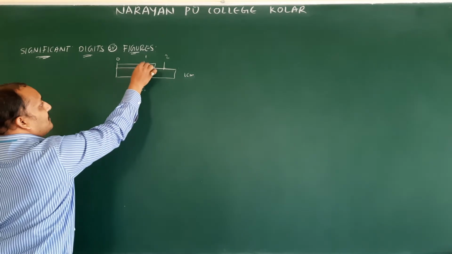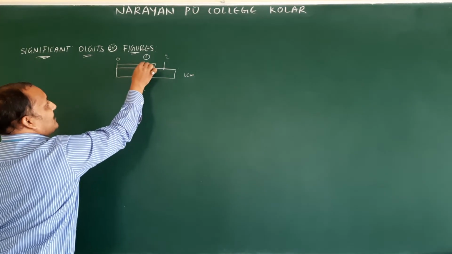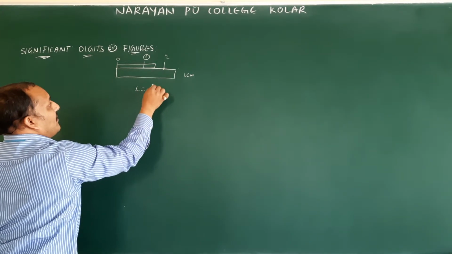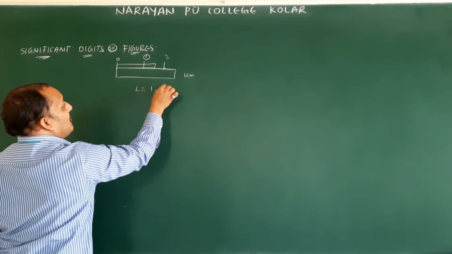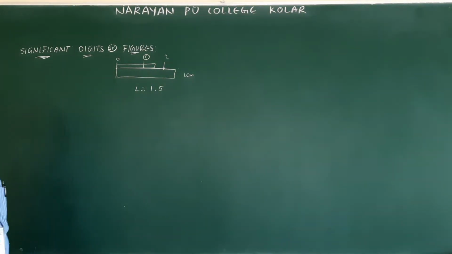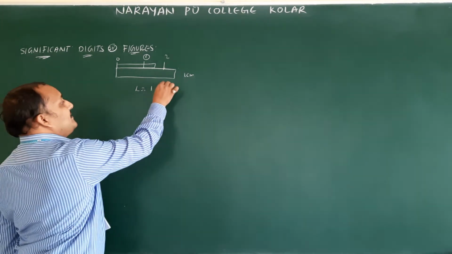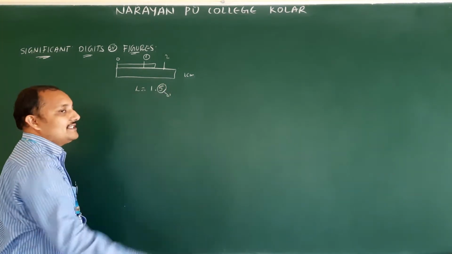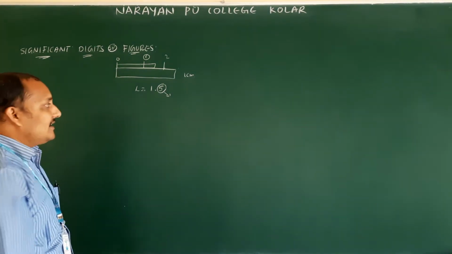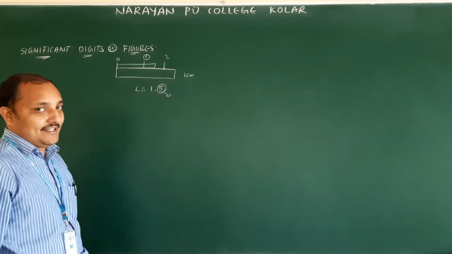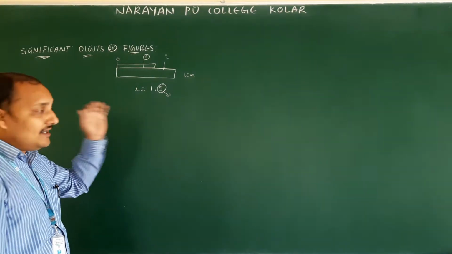Length L is equal to 1 point, since it crosses 1. This one is in between 1 and 2, therefore we have written 1.5. This 0.5 is assumed. This one only we said uncertainty. That one only we said error. Error is coming because of this uncertainty. The uncertainty in the measurement is called error.